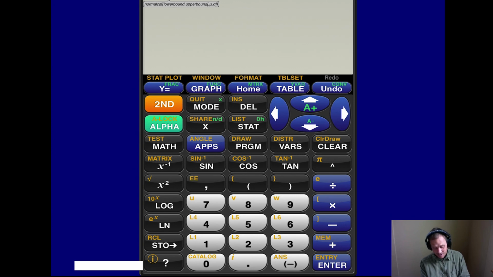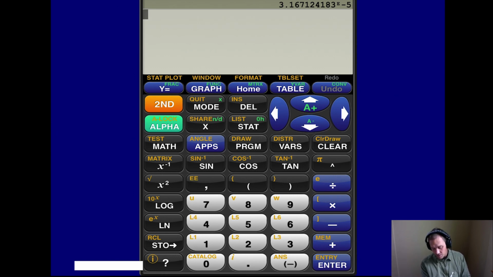Second comma, there's the E, and then 99, comma, and then our mean is 70, and our standard deviation is 4 divided by the square root, and notice the square root is that yellow character above the x squared. So you go second square root 4, then arrow out of that, then a parenthesis, and I press enter. And there's my answer.